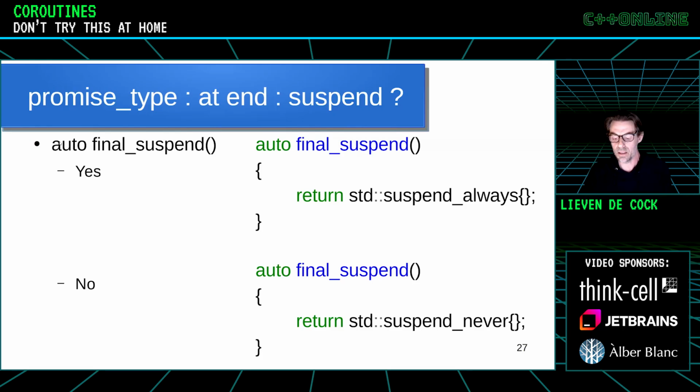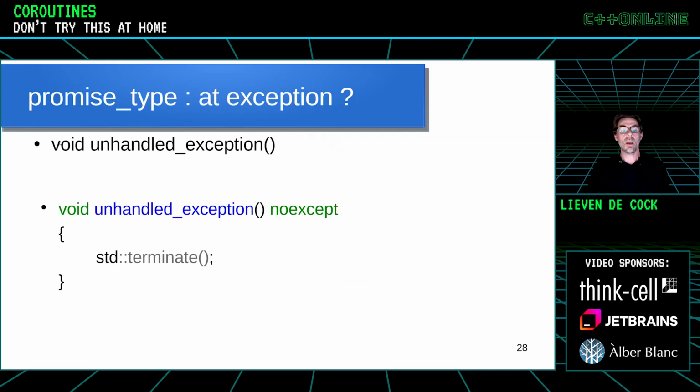By implementing initial_suspend and final_suspend, we have already provided the compiler with information of how we want the configuration at startup and at the end. Okay, what should it do if an exception occurs within the coroutine body?